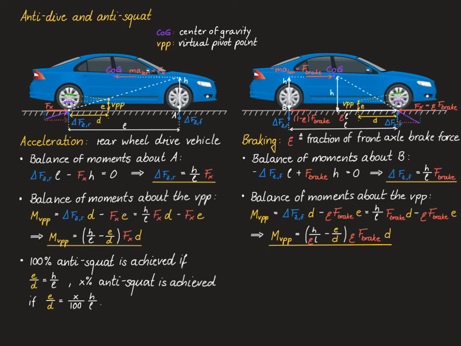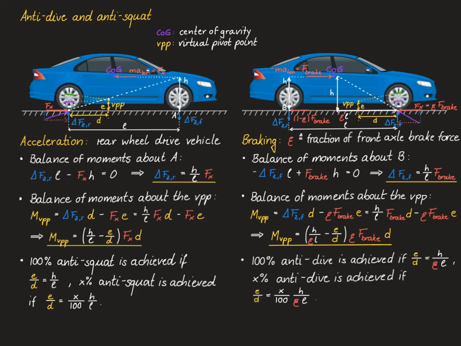What this means is that the locus of virtual pivot points that achieve a zero compression of the front suspension during braking is given by this dashed line, whose slope is defined as the ratio between the distances h and xi L, and which starts at the contact point of the front tire and the road.